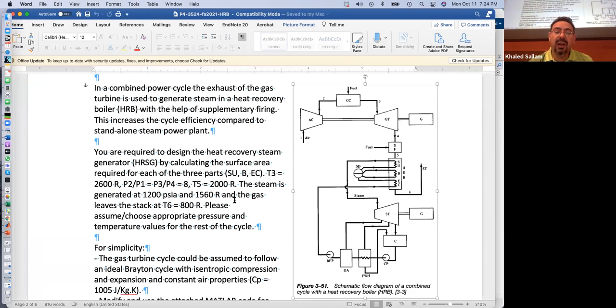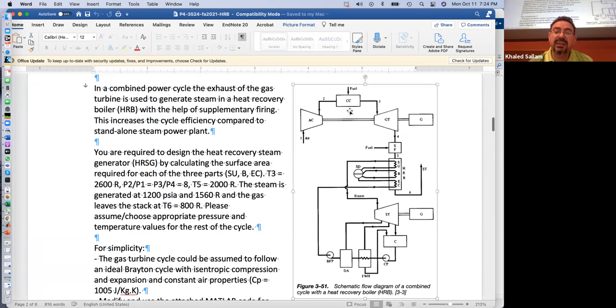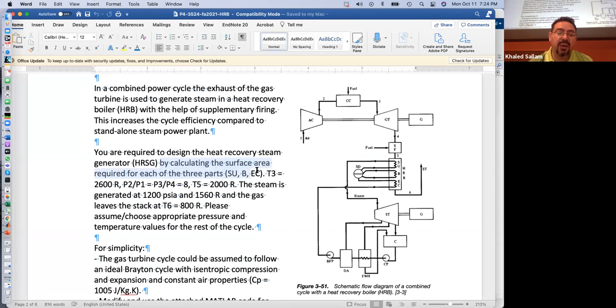So how are we going to do this? In this project, he said you are required to calculate the surface area of the 3 parts of the heat recovery boiler: the superheater, the boiler, the economizer. Okay, and he's giving us information about this cycle. He's giving us the pressure ratio 8 and the temperature here 5,000 Kelvin.